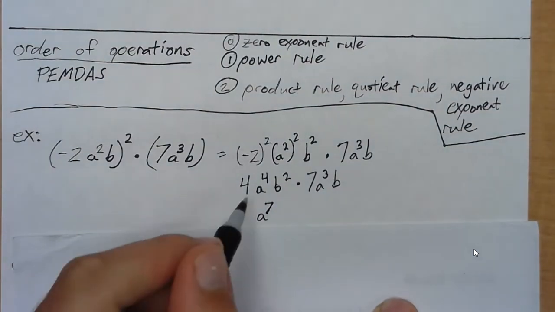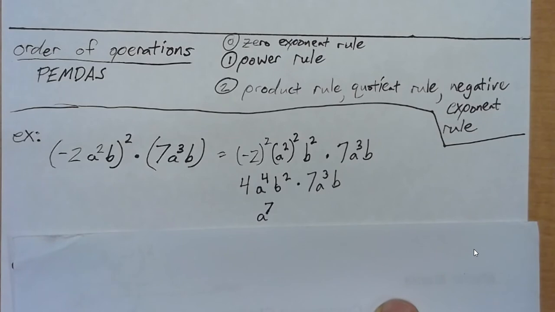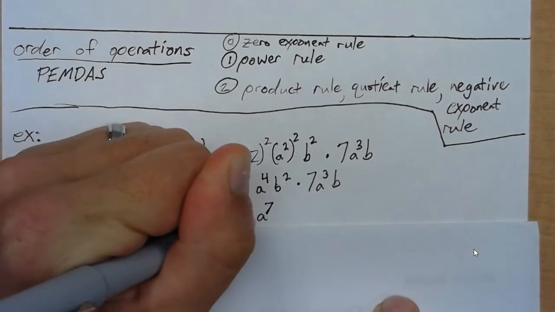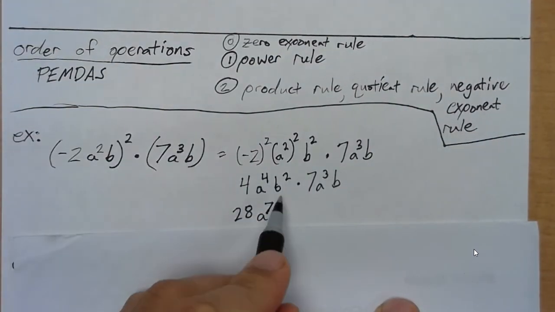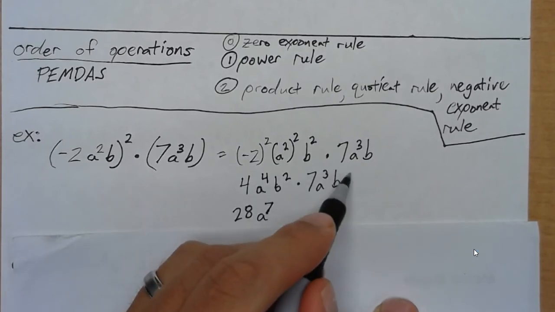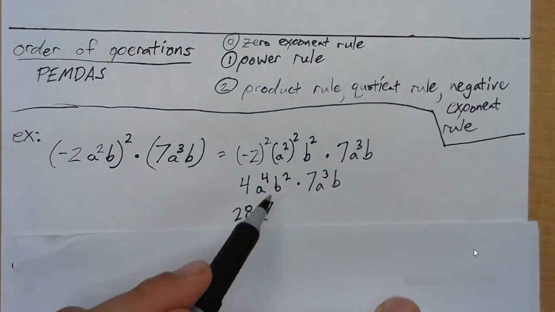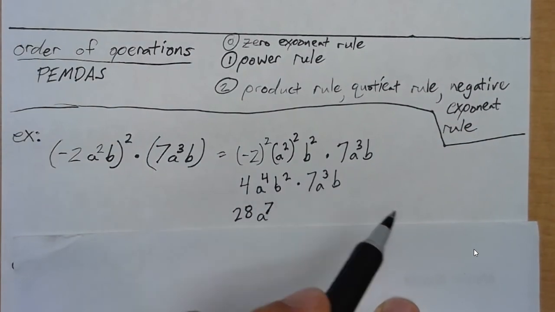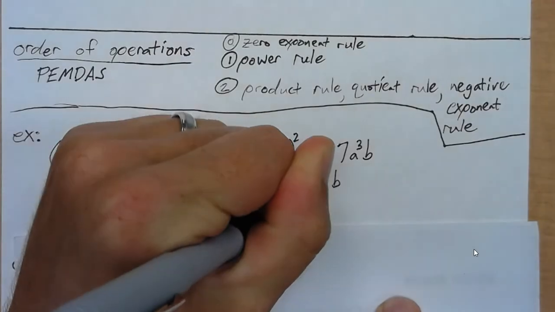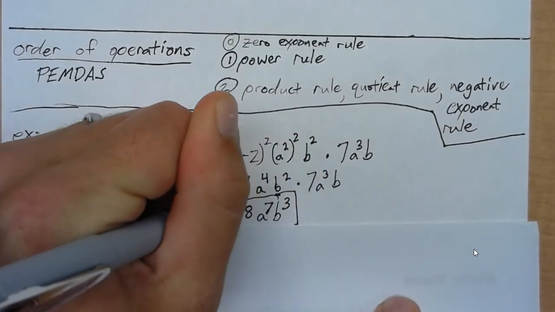We can also do the coefficients. 4 times 7 is 28. And lastly, the b's. B squared times b, well, there's nothing written here, but you can assume that's b to the first. So that's going to be b to the 2 plus 1 power, b cubed. And that is our final answer.